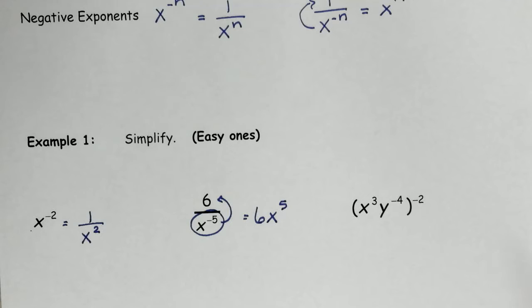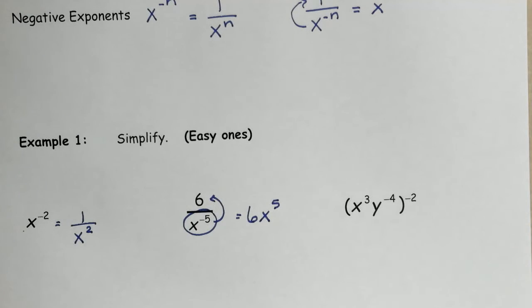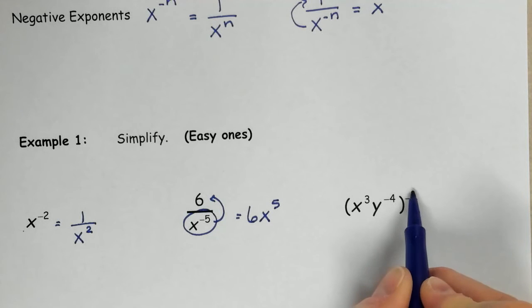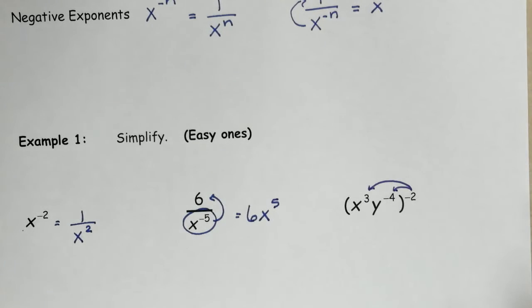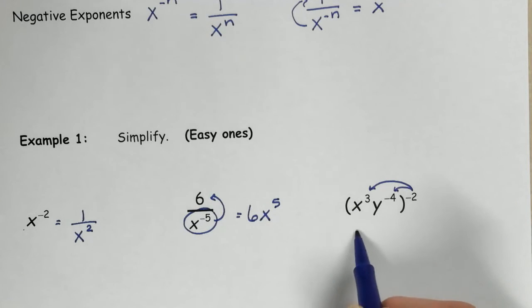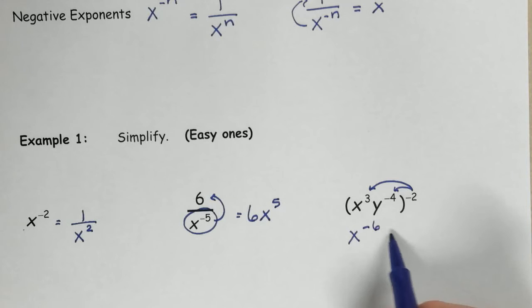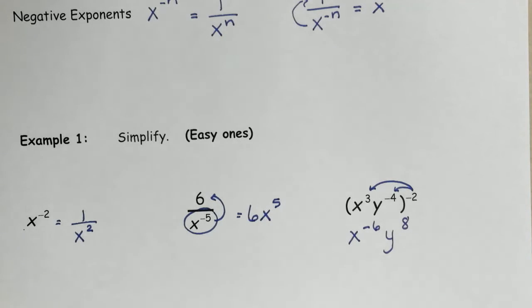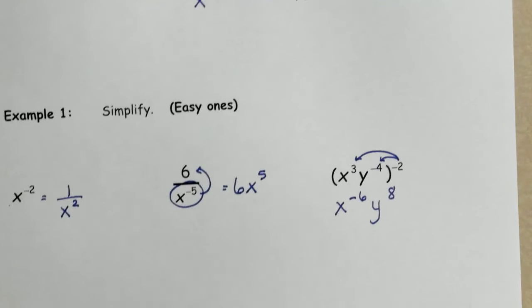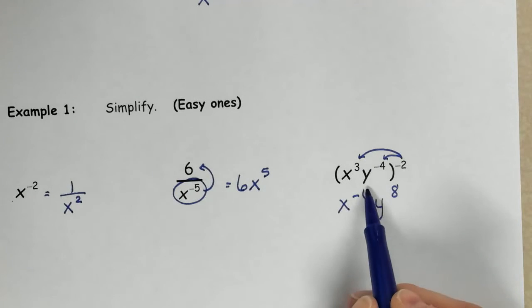My third example involves joining one of our rules from the first video, multiplying all the powers. So multiplying x, 3 and negative 2 makes negative 6. Y, negative 4 and negative 2 make positive 8. And then realizing that now the negative 6 means that the x's are not happy.